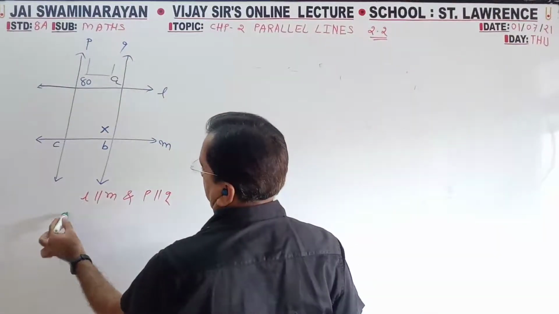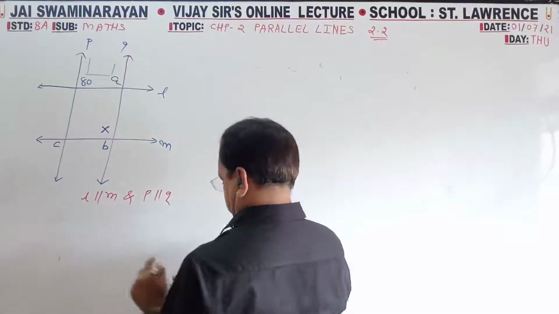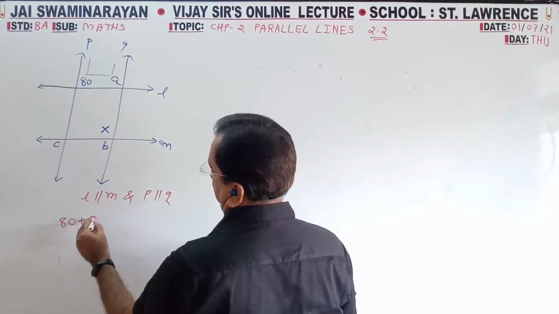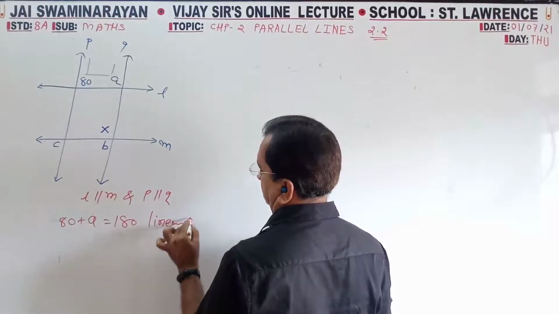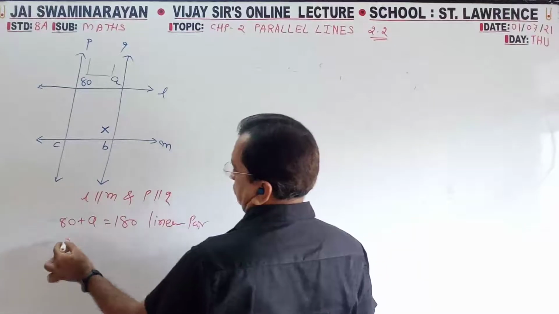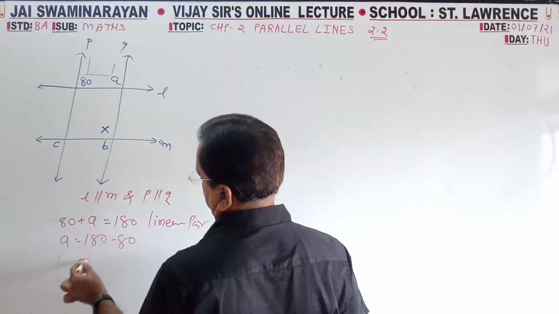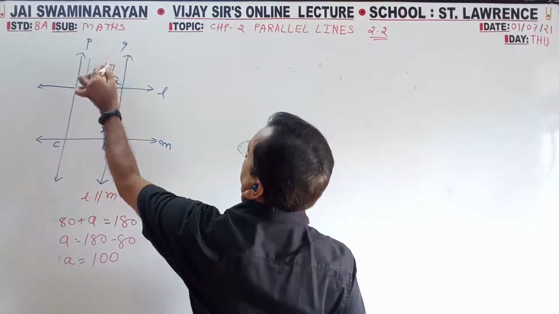So 80 plus A is equal to 180, linear pair. So A is equal to 180 minus 80, so it is 100.